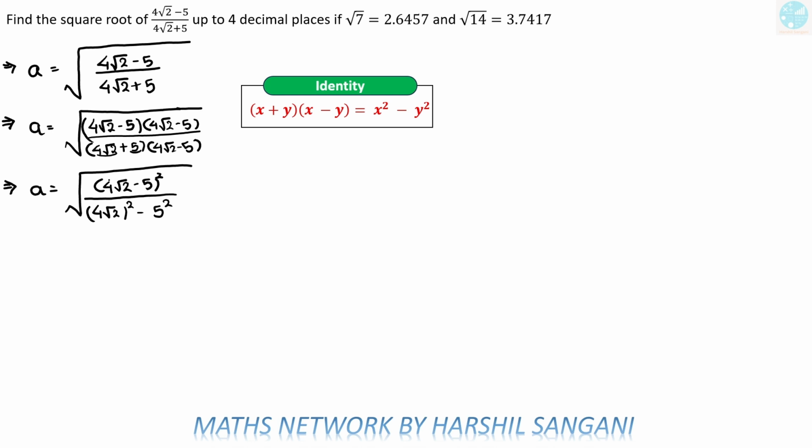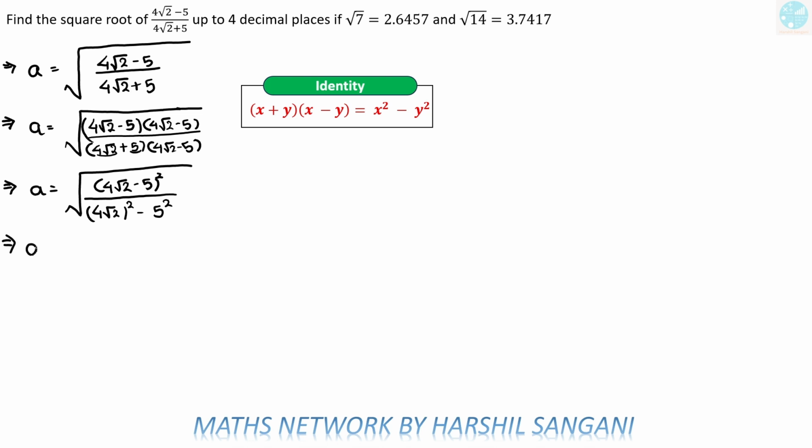And now guys, in our following step, we will keep (4 root 2 minus 5) whole square as it is and not simplify it, because we have to find the value of the whole root of (4 root 2 minus 5) upon (4 root 2 plus 5). And we will simplify the denominator.